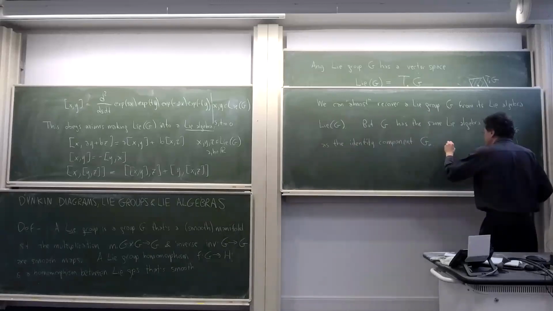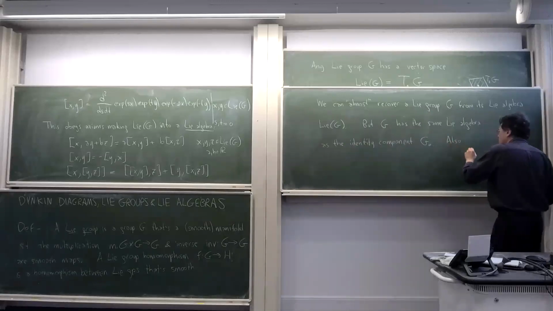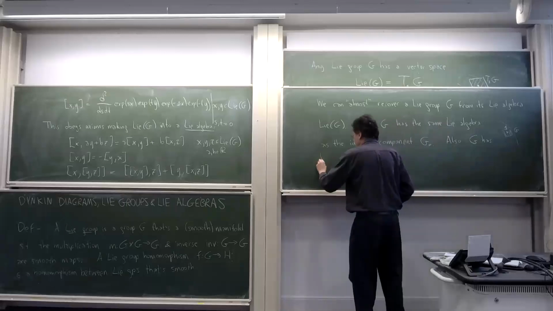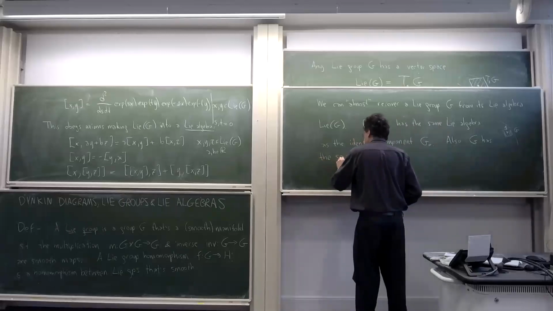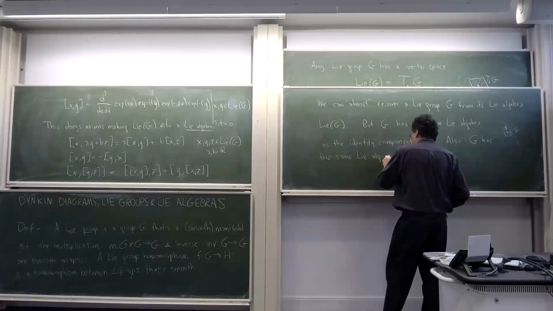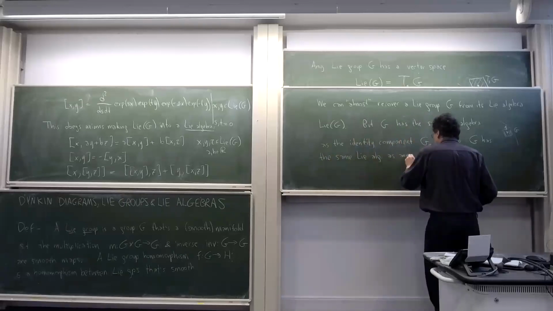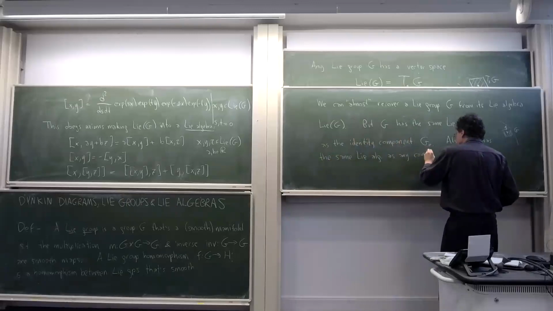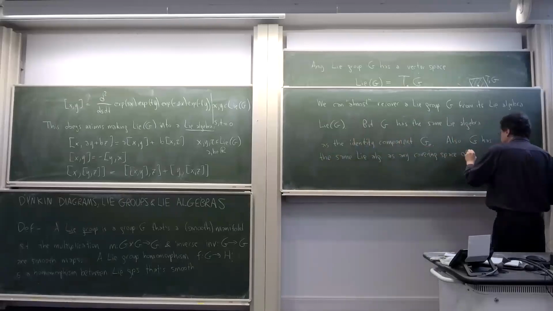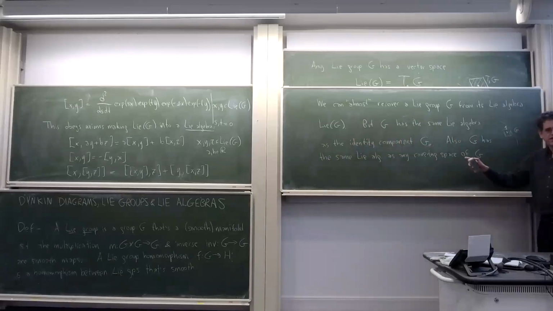And then also, G will have the same Lie algebra as any covering space of G. If G is connected, actually any covering space of G gets to be a group as well.